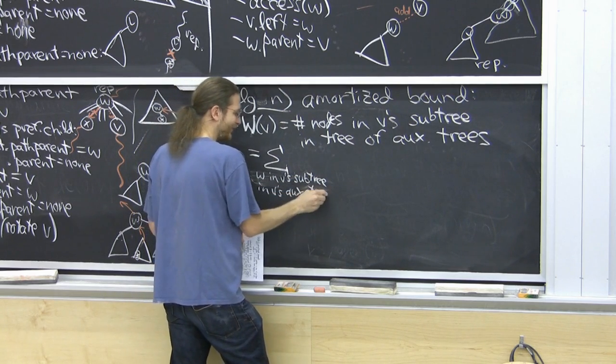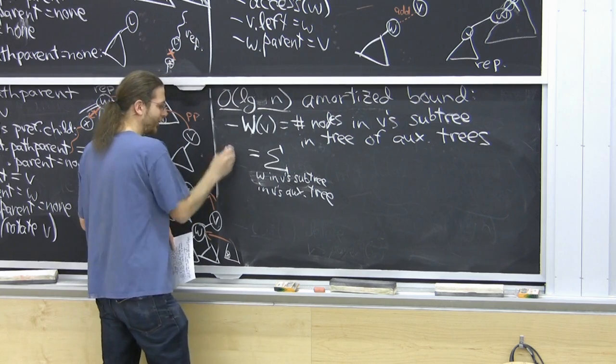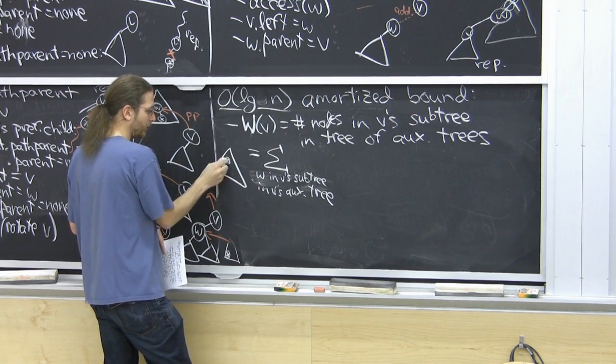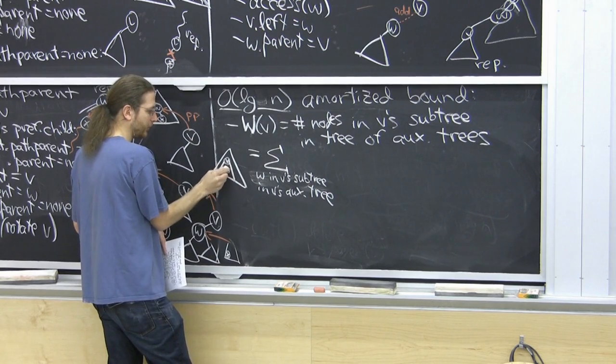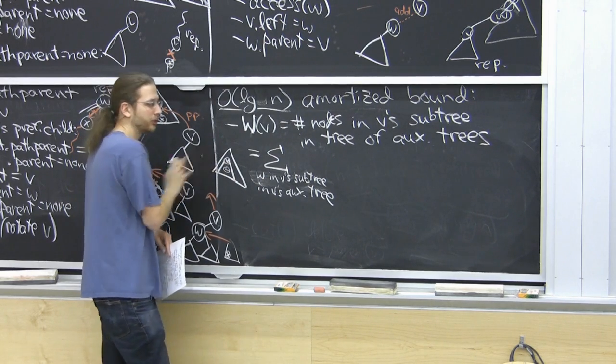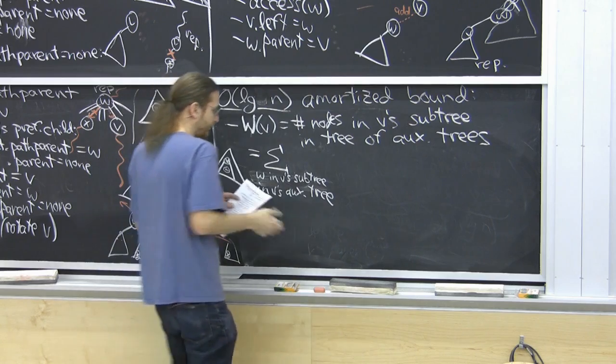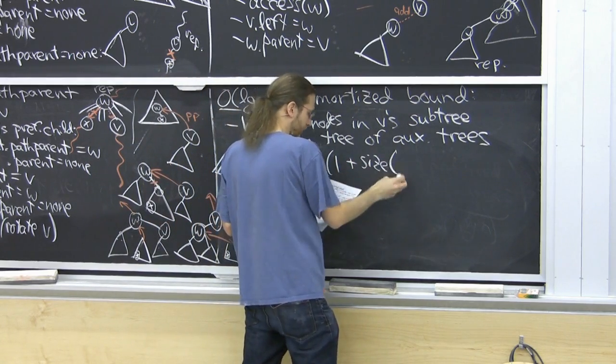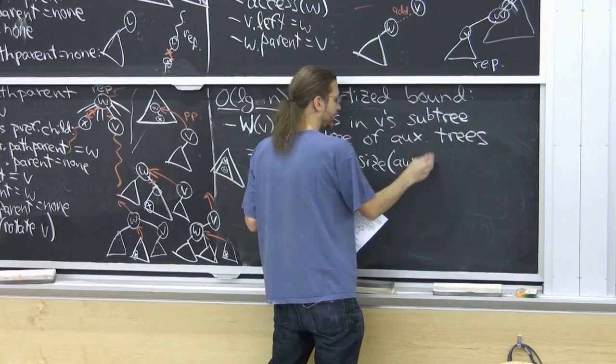This is awkward to say, but what I mean is there's an aux tree containing node V, and I want to look in that subtree at all nodes W, just within the aux tree, though. And for all those nodes, I take 1 plus the size of the aux trees hanging off.